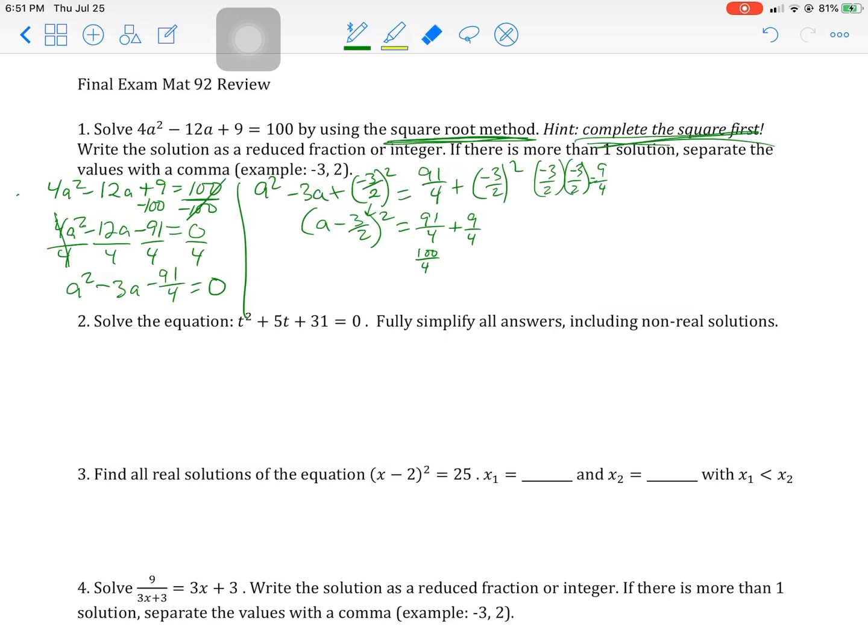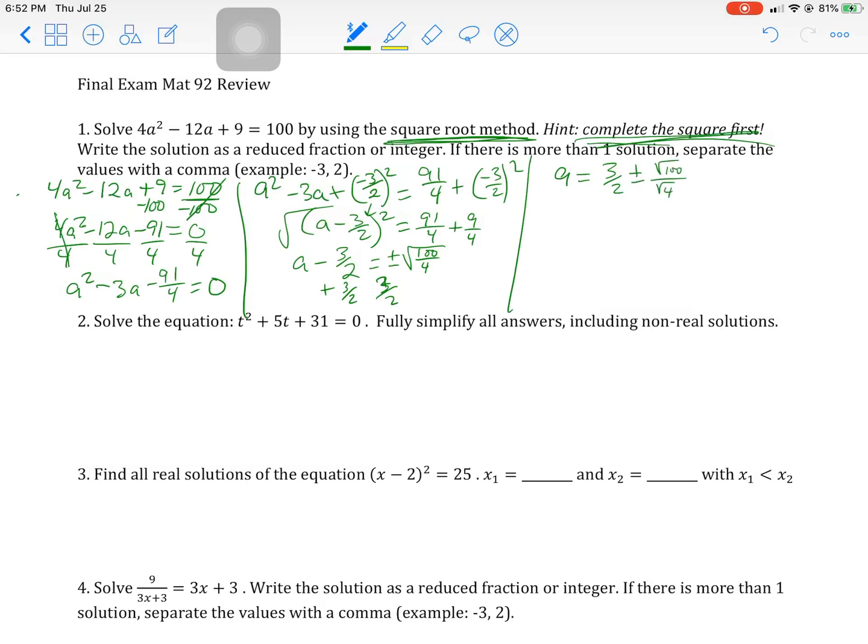And then we are going to square root both sides. So you get a minus 3/2 equals plus or minus the square root of 100/4. And then you're going to add 3/2 to both sides to move that over. So let me get rid of this to get a little more room here. I'm going to be left with a equals a positive 3/2 plus or minus the square root of 100 over the square root of 4.